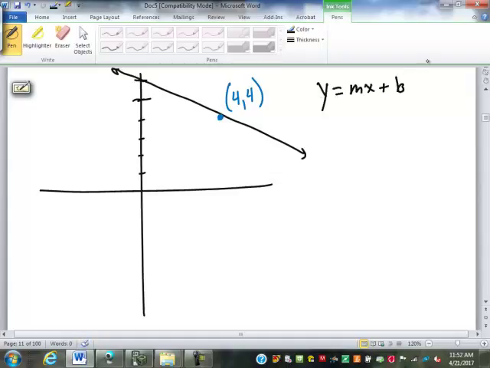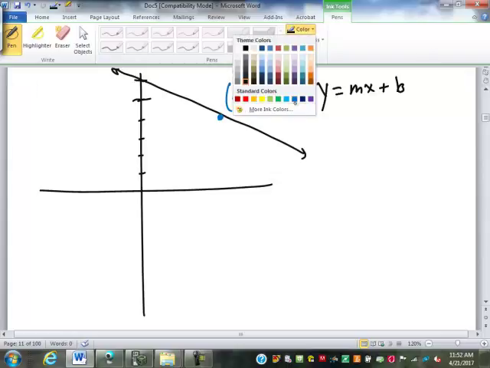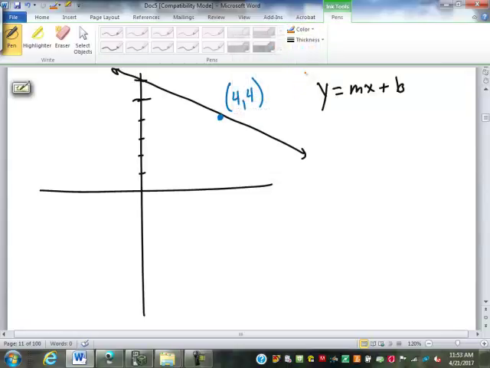So y equals slope times x plus the y-intercept. Looking at this, what's the y-intercept? Six, good. So our y-intercept is 6.